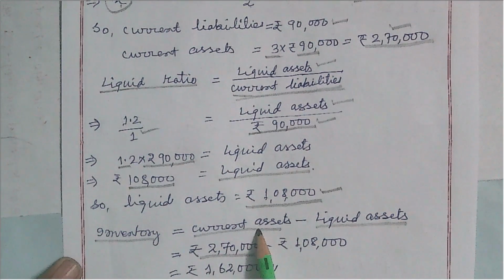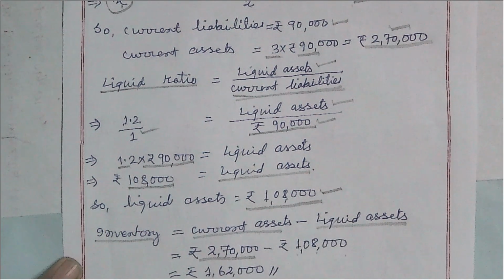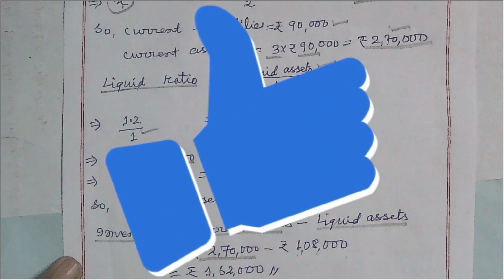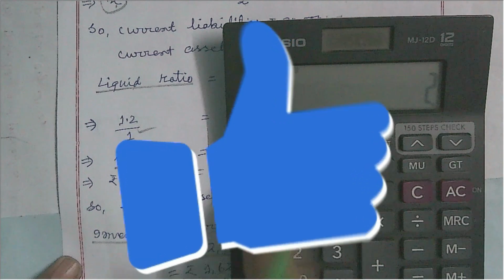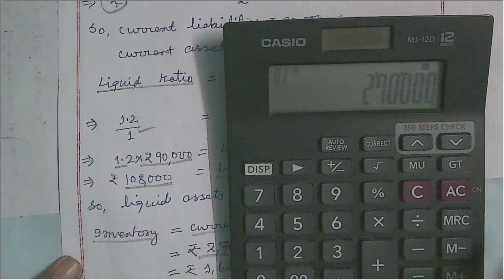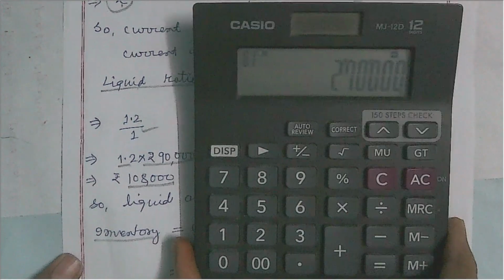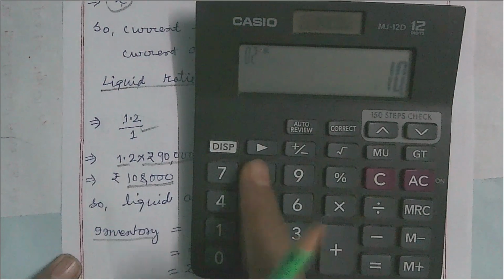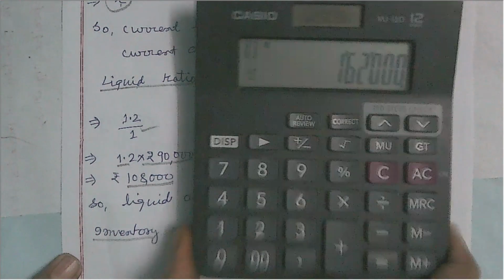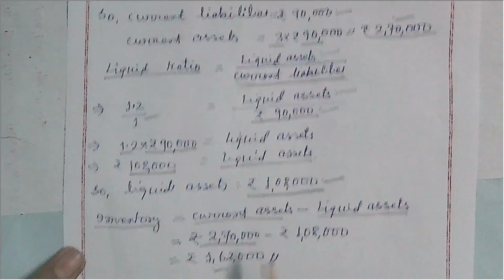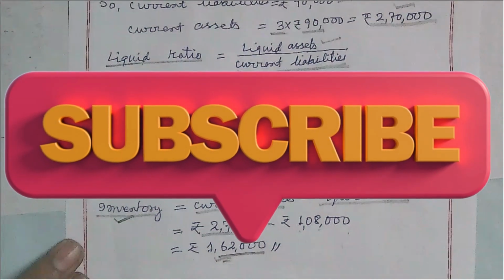Putting the values, 2,70,000 minus 1,08,000 equals 1,62,000. So 1,62,000 is the value of inventory.